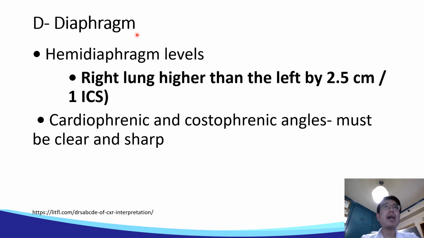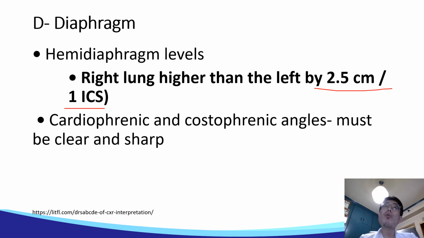D is for the diaphragm. Specifically, we look at the left and the right hemidiaphragms, remembering that the right hemidiaphragm is higher than the left by approximately 2.5 centimeters or 1 intercostal space because of the liver underneath.